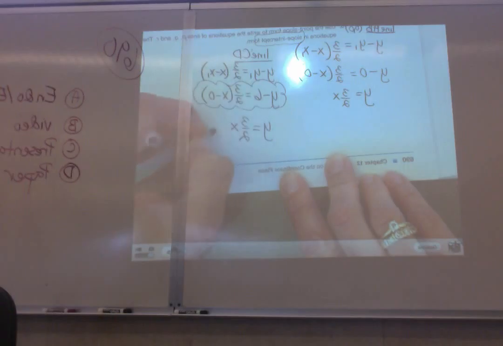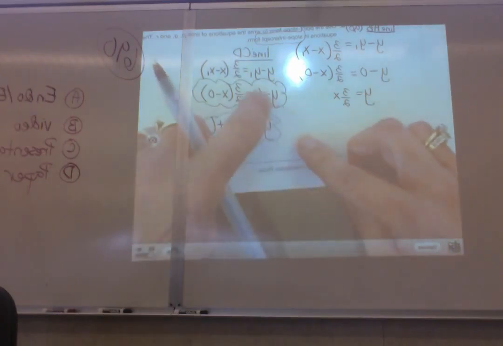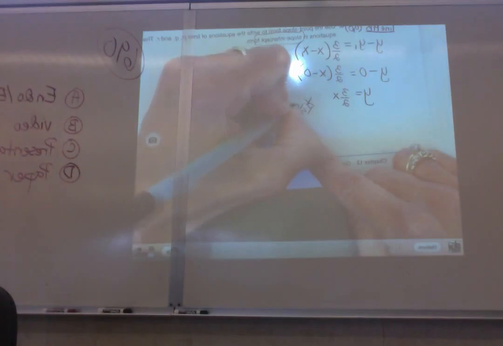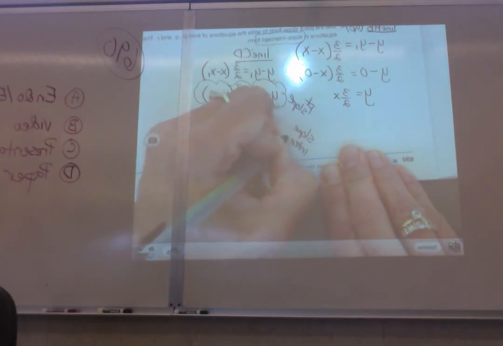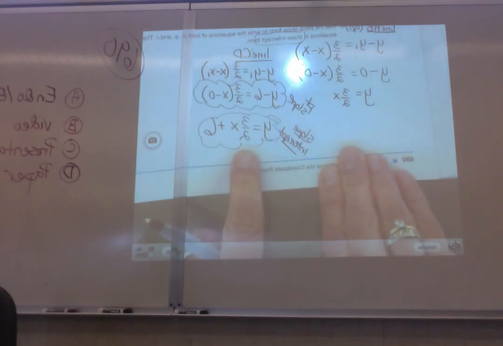And now I'm adding the 6 to both sides. So here's the second way of looking at it. Point slope form, and this is called slope-intercept. You're most familiar with the slope-intercept so far.